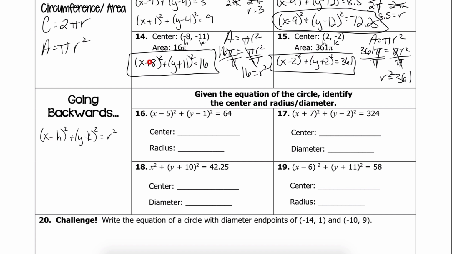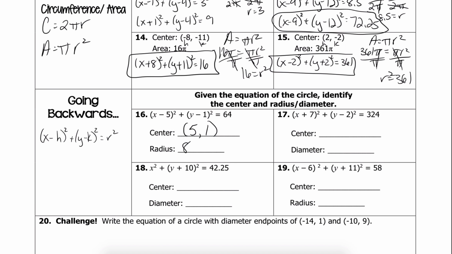Do you notice how the sign here and the sign here are opposites? The sign here was negative, but the sign here was positive. So if I see a negative, I know that that center is a positive 5 and a positive 1. And then I can take the square root of 64 to give me 8 for the radius.